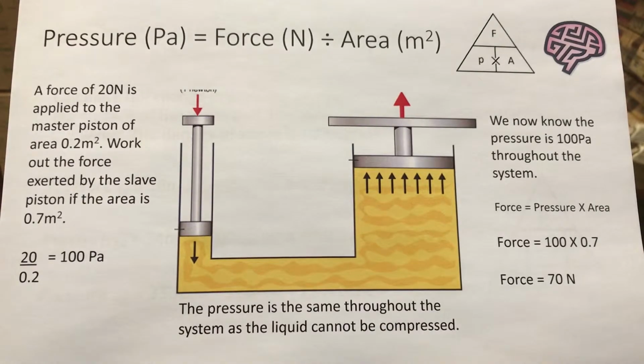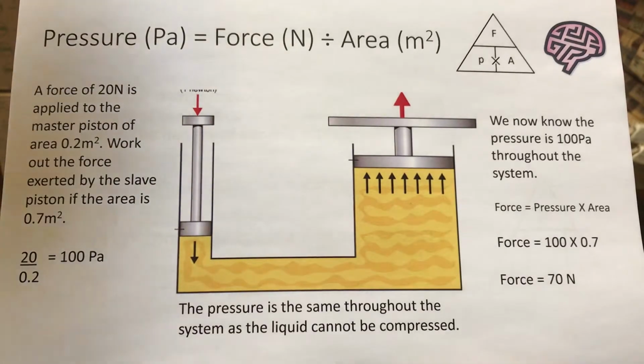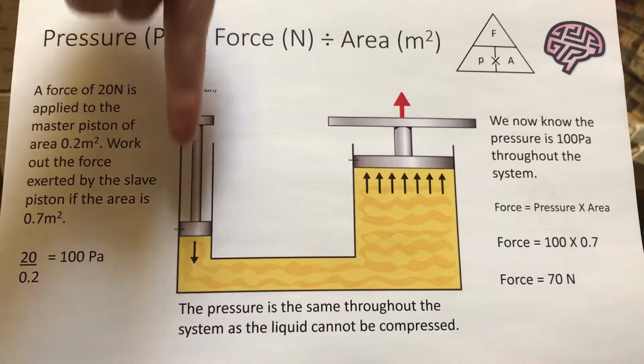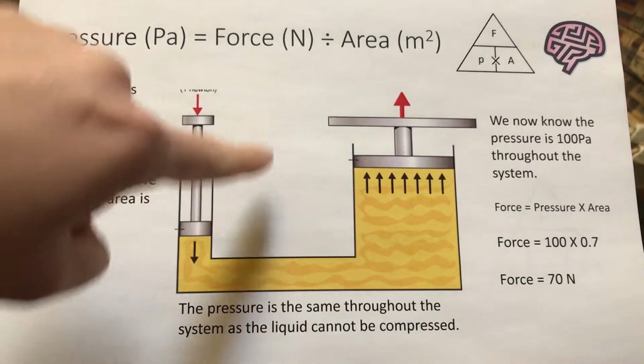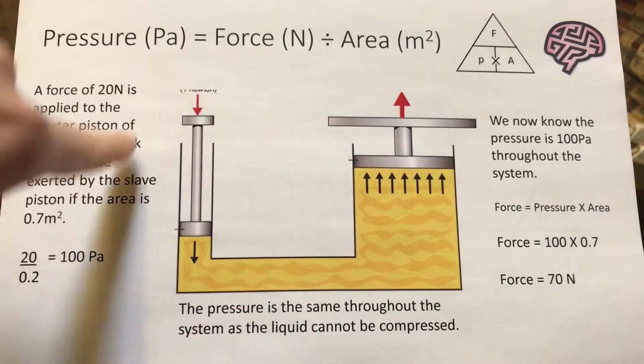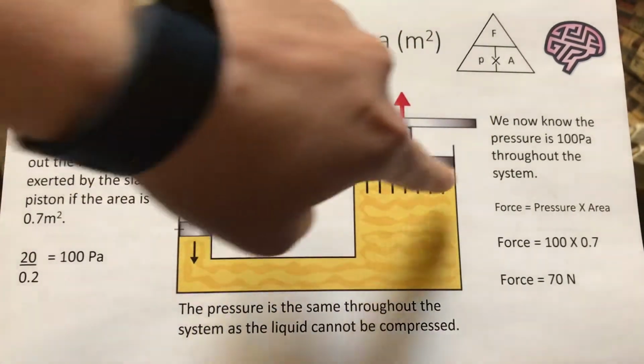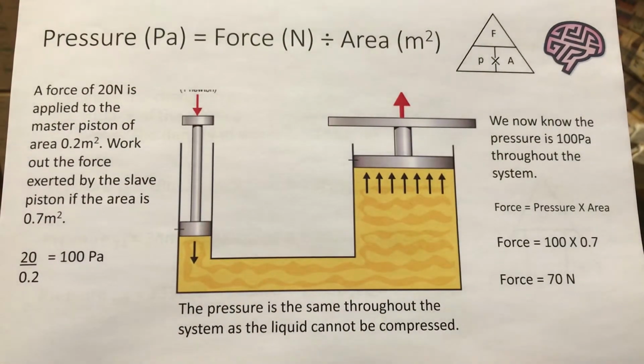So hydraulic systems have two pistons or cylinders. Here we've got one where there is a force going into it. We call this the master piston or the master cylinder. And over here we have the slave cylinder or the slave piston, which is going to be doing all the work.